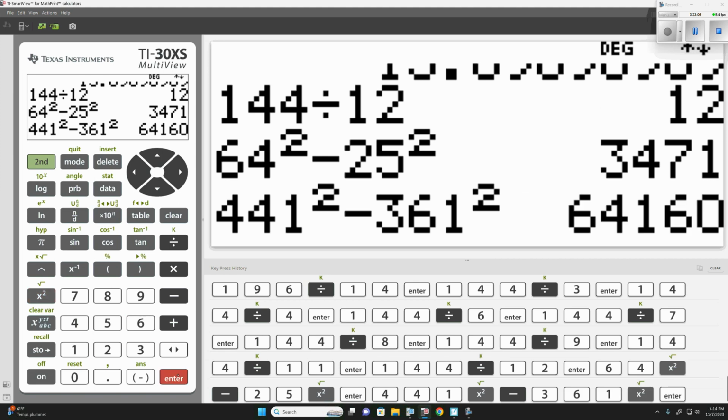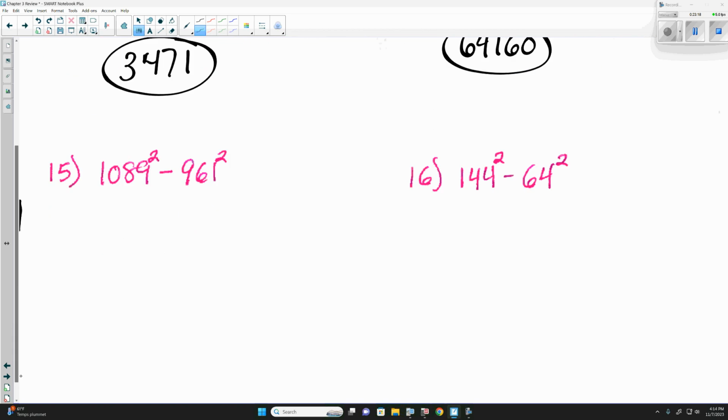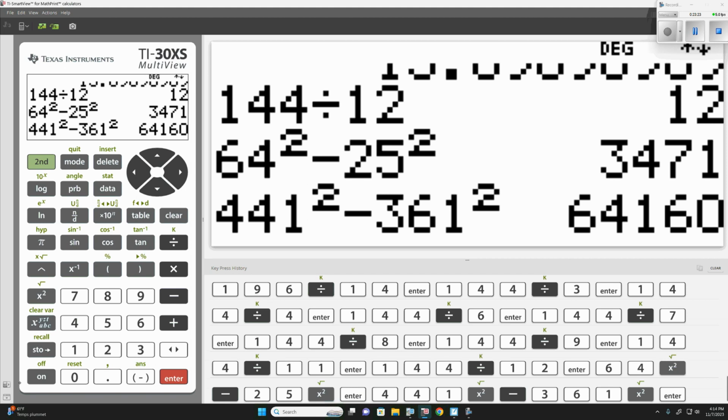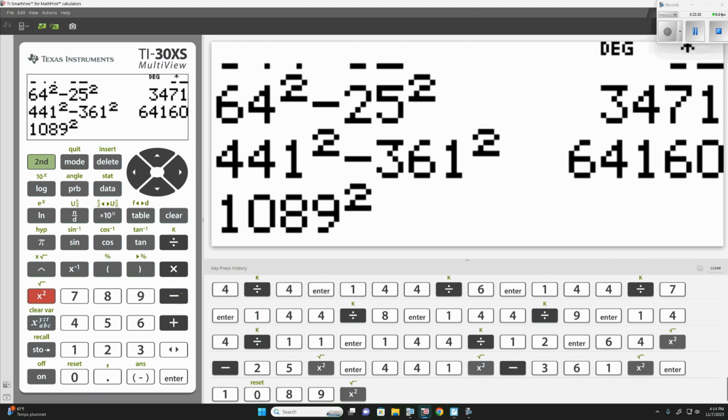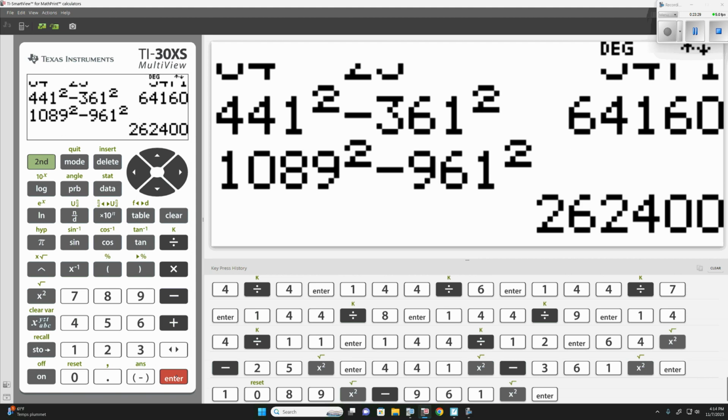Next, 441 squared minus 361 squared is 64,160. Then we do the next two. 1,089 squared minus 961 squared is 262,400.